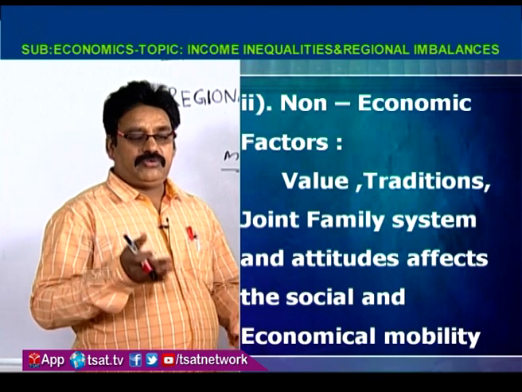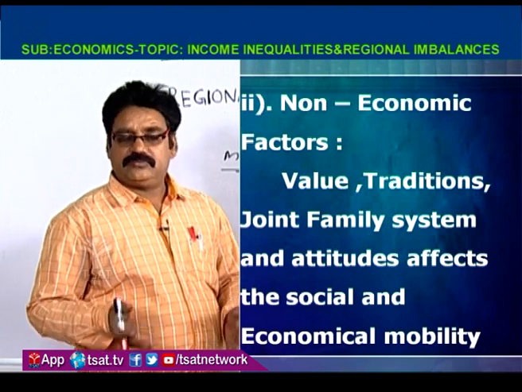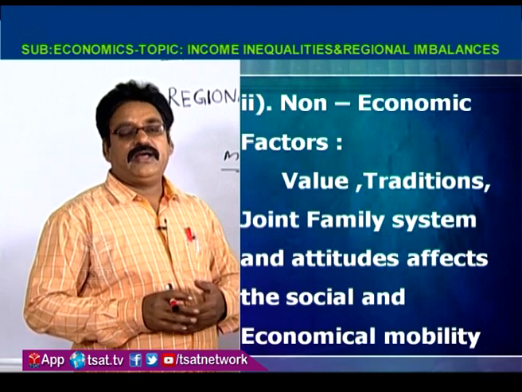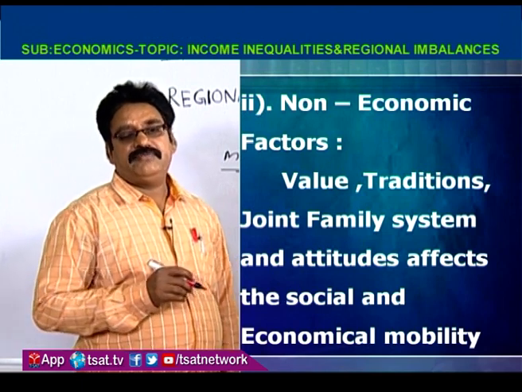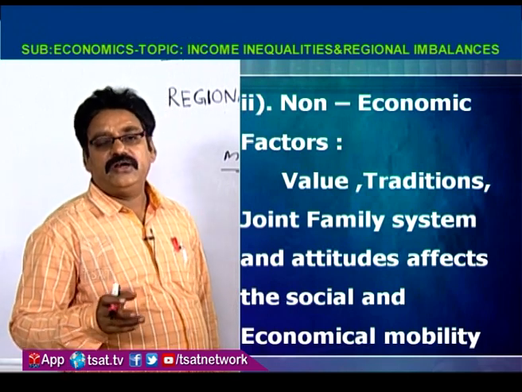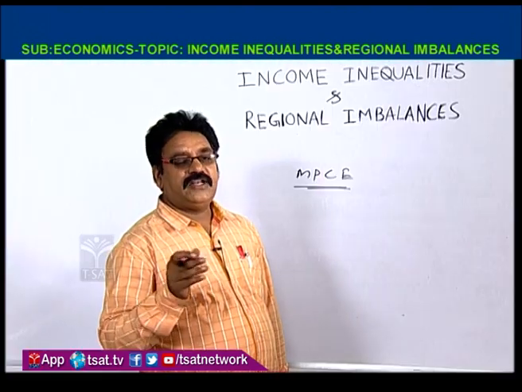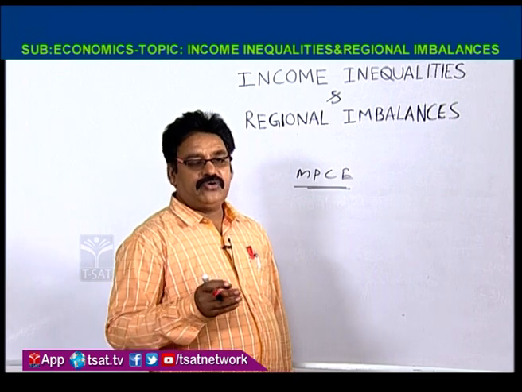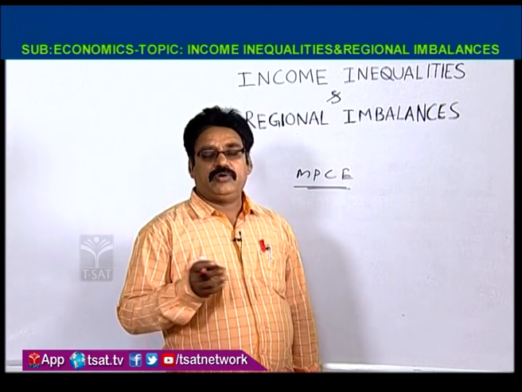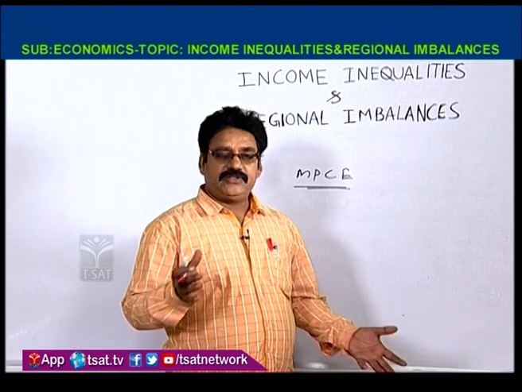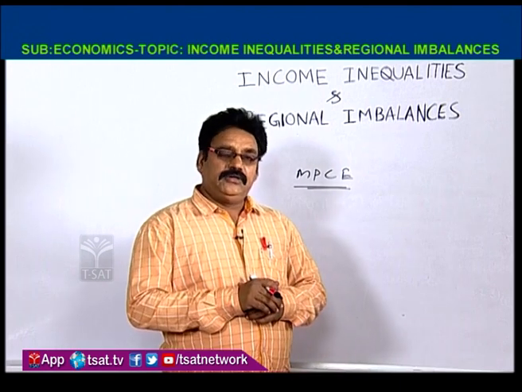That leads to rural people staying underdeveloped and urban people developing, and this is another reason for rural urban imbalance. Policies of the government, urban bias policies. Again, policies of the government also lead to urban bias. Government has spent a lot on developing urban physical infrastructure: roads, communications, hospitals, education systems, and all these facilities are increased in the urban areas.